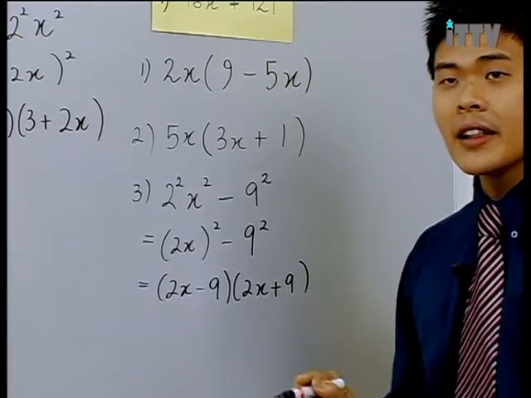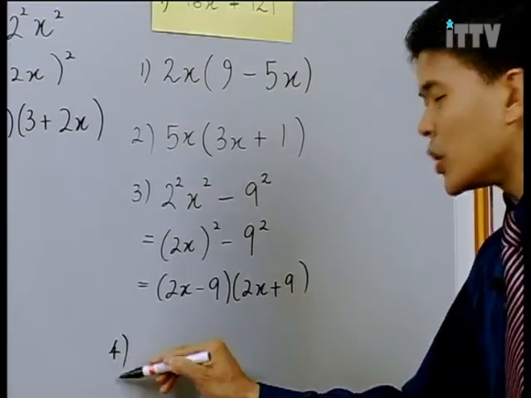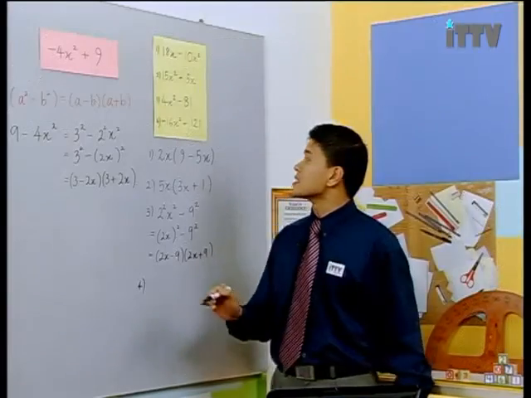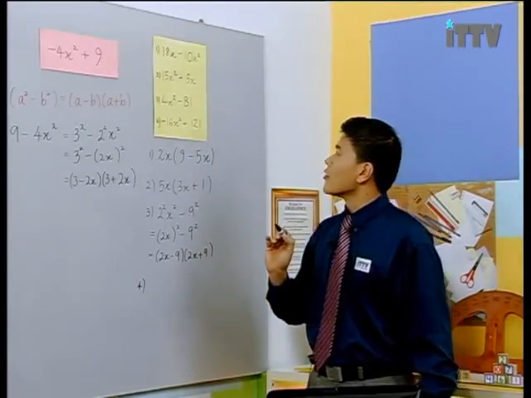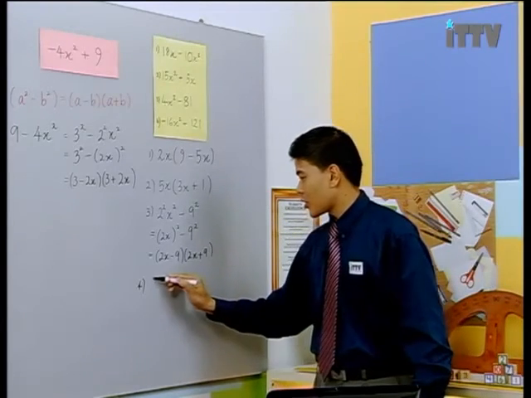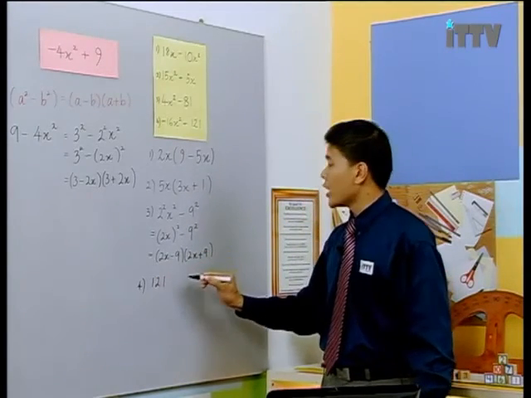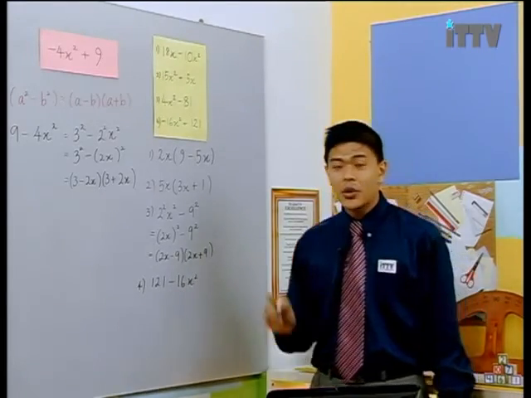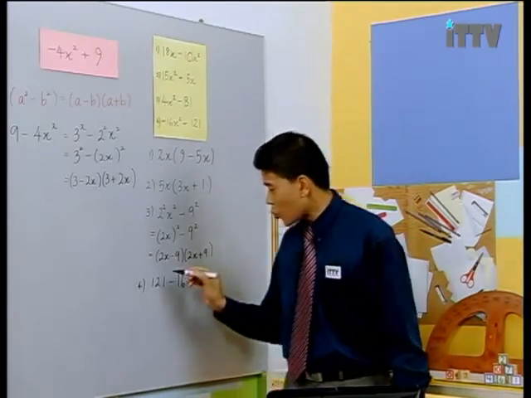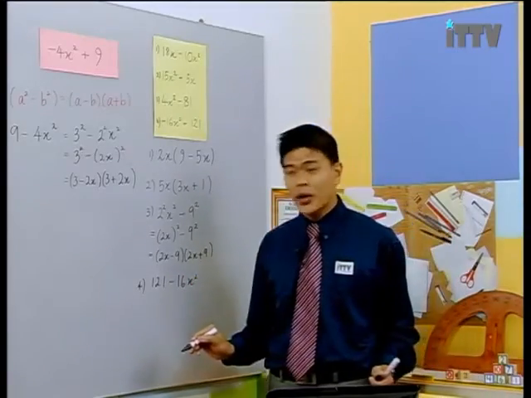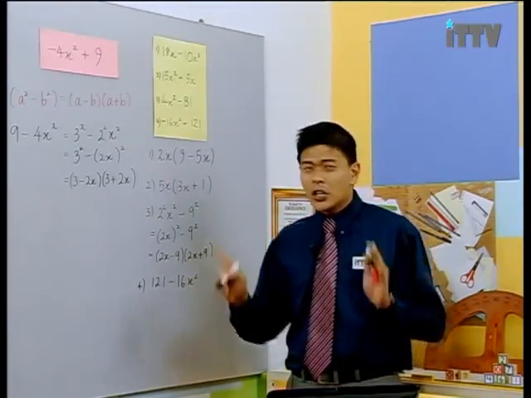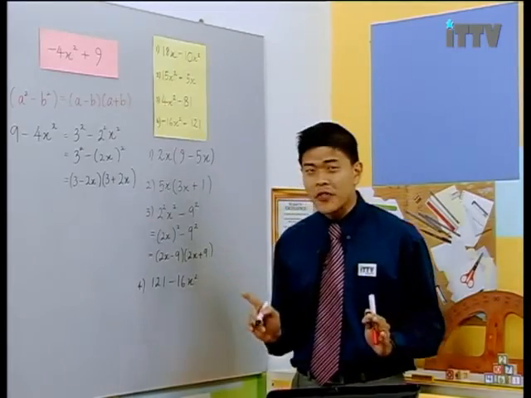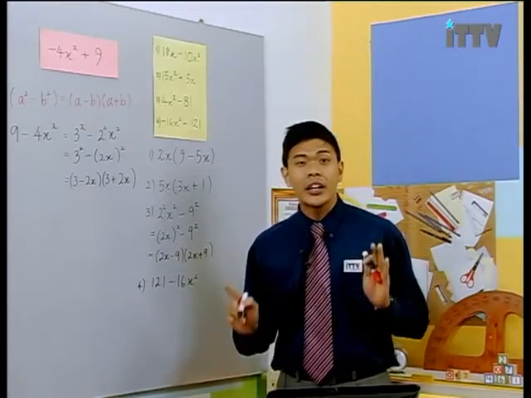And our final example, number 4. Which category do you think it is? First of all, rewrite it: 121 minus 16x squared. It's not category 1 or 2. Why? Because 121 is a perfect square, and so is 16. So you must immediately realize that if both are perfect squares, it is category 3.